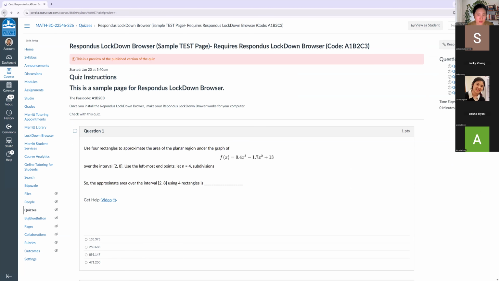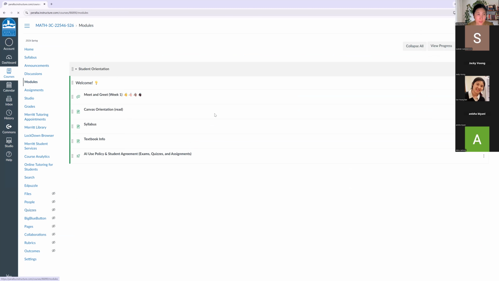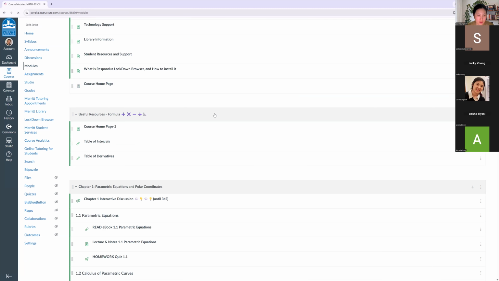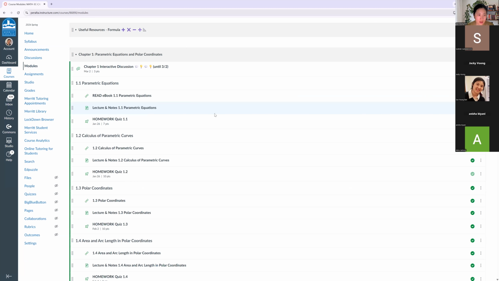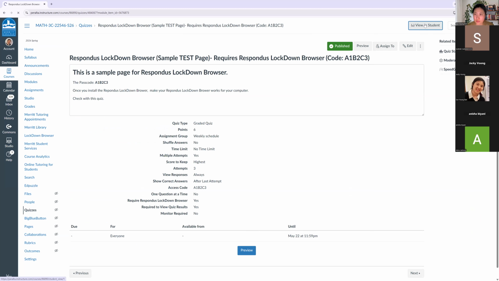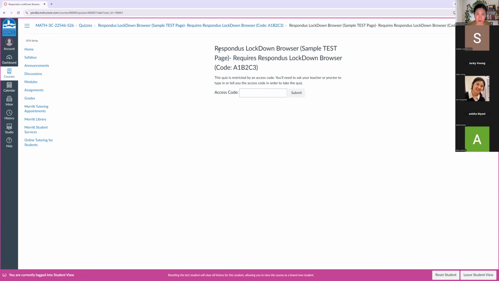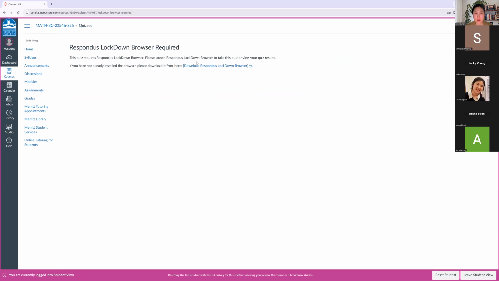Sorry, not this one. Go to Lockdown Browser, click student view and take the quiz. You're going to type the passcode here, A1, B1, C2, and submit.